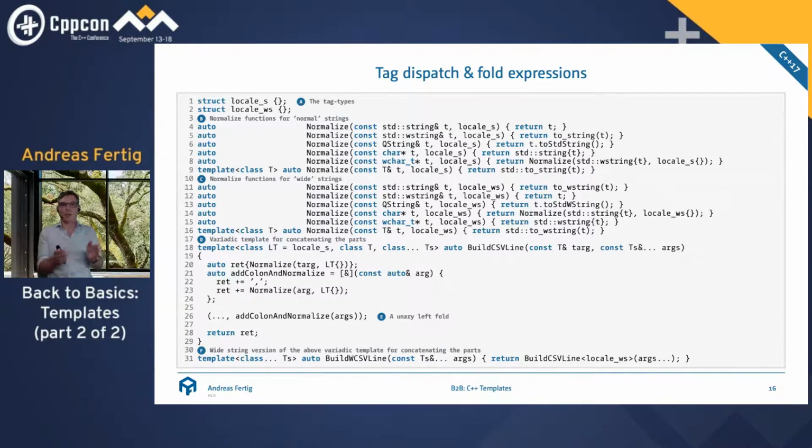And it does so by referring to buildCVSLine. As you can see, it calls that, but it passes as a first argument local WS. So it provides to our template a first argument, and all the others are still deduced by the compiler. This is how I can say, please choose the local WS instead of the regular local.